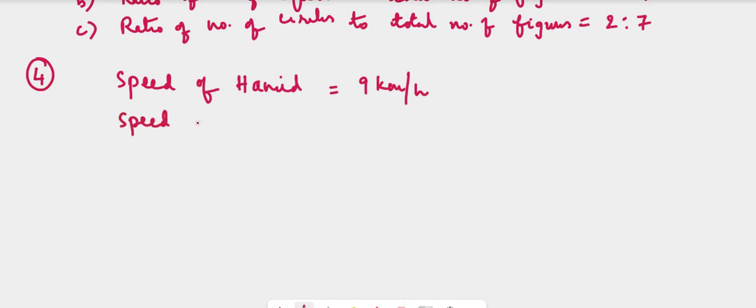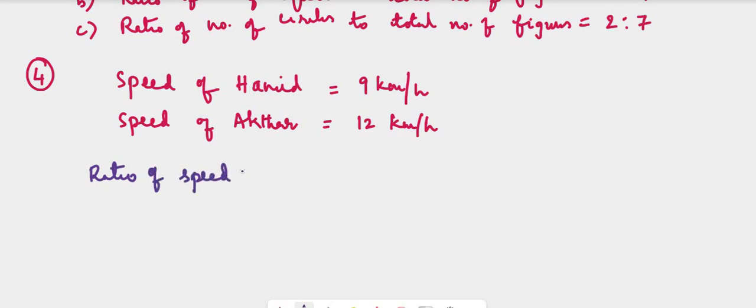Speed of Akhtar is equal to 12 km per hour. Now we have to determine the ratio of speed of Hamid to speed of Akhtar.